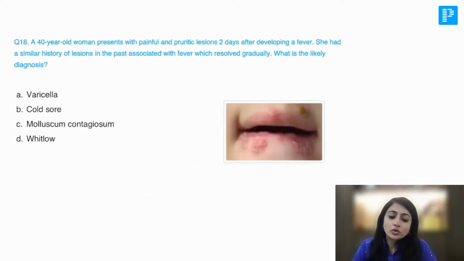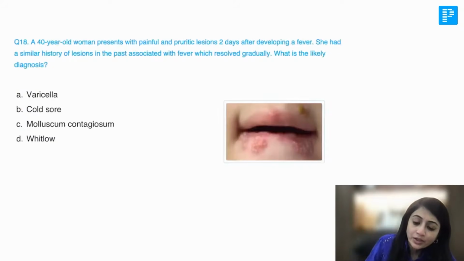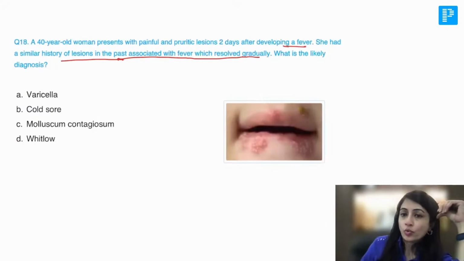A 40-year-old woman presents with painful pruritic lesions 2 days after developing fever. History of similar lesions in the past associated with fever, which resolved gradually. What is the likely diagnosis here? What do you see here?